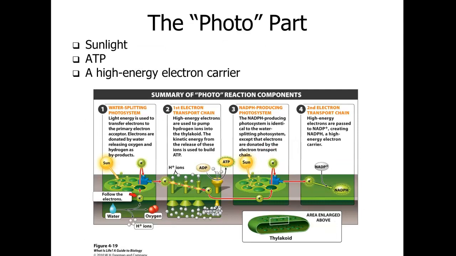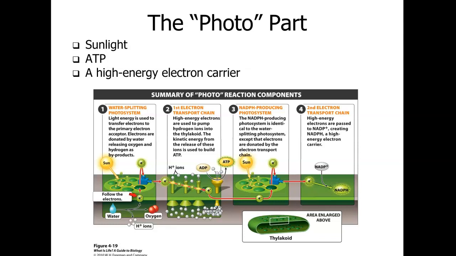Here you see in picture form what's going on. The sunlight is going to hit the leaf. When it hits the leaf, you're going to see that light energy is used to transfer electrons to the primary electron acceptor. Those electrons are going to be donated by water, so you see them coming in, and the hydrogen as a byproduct.